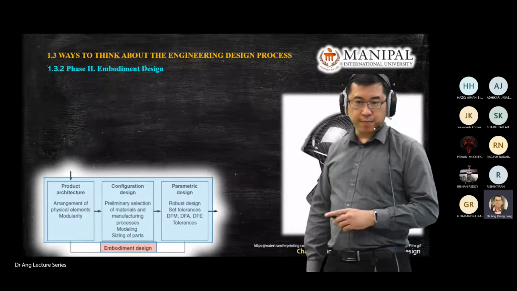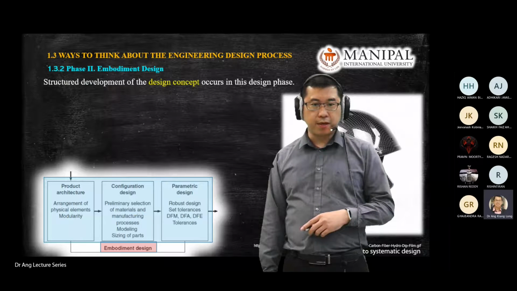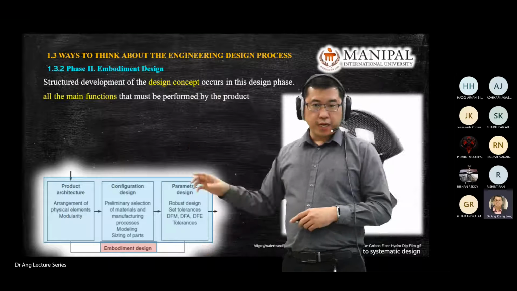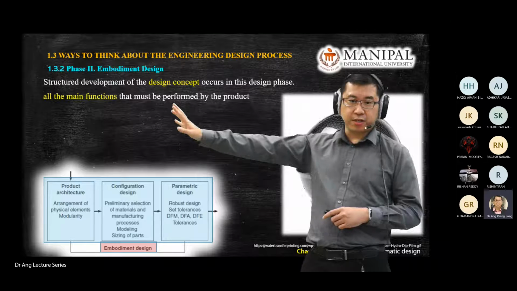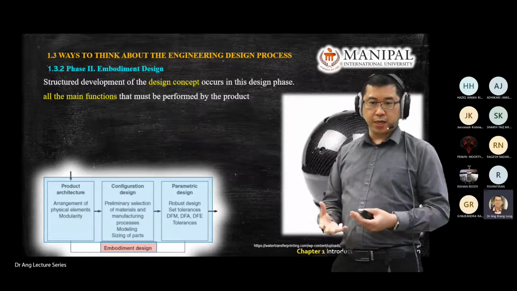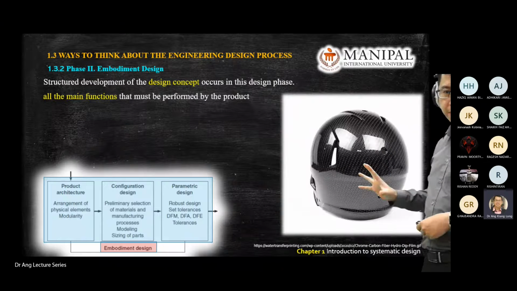We go deeper a little bit. So let me explain a little bit what product architecture is. When you come to embodiment design, we will focus more on the function. You make sure that our design functions properly. I'll give you an example, for example this helmet, this composite helmet.